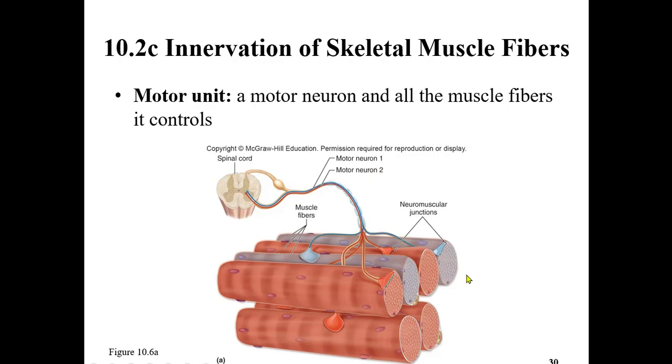I see a purple one and a reddish one. So the motor neuron that goes with purple will only excite these two that are purple. Then the ones that are in red are going to be stimulated by the motor neuron that's red, and it'll stimulate 1, 2, 3, and 4 because those are the 4 red ones.